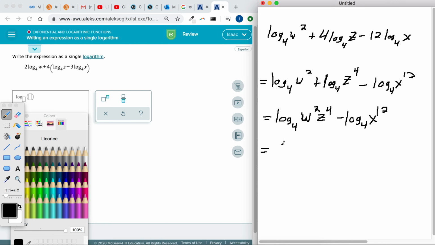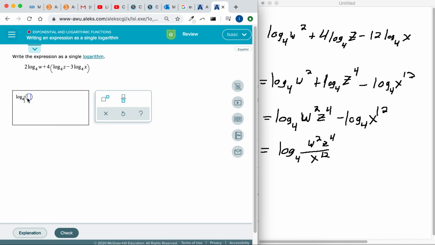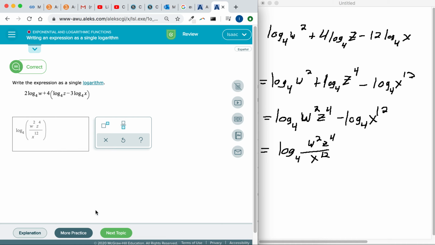And now since these are subtracting, they can come together like this. There we go. Just to show you, I'll type that in. It's also a good way for me to check this, where it's good that I type in the answer because I realized I dropped a number. X to the 12. Okay.